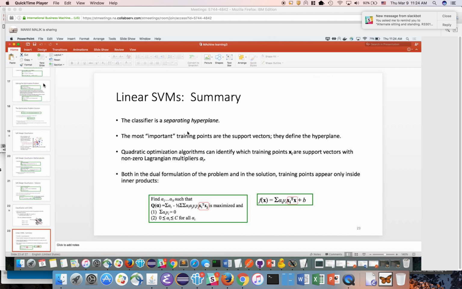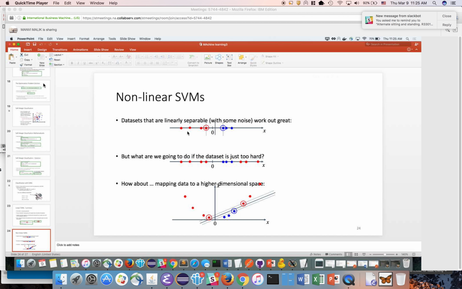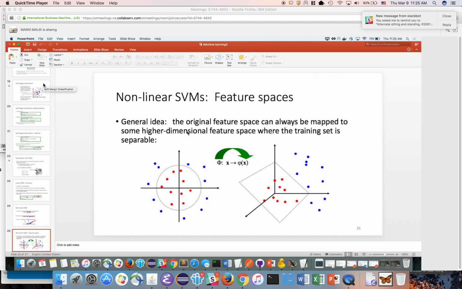This is for high dimensional data, when the data is not 2D and you can't simply divide it into two categories. So there come the non-linear SVMs. I think I should cover the whole kernelization thing in the next lecture.